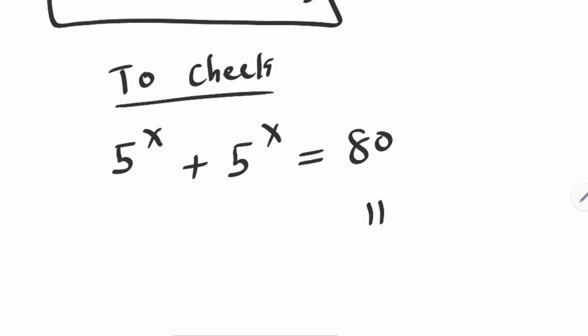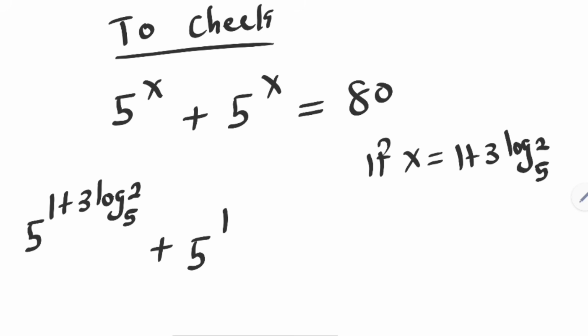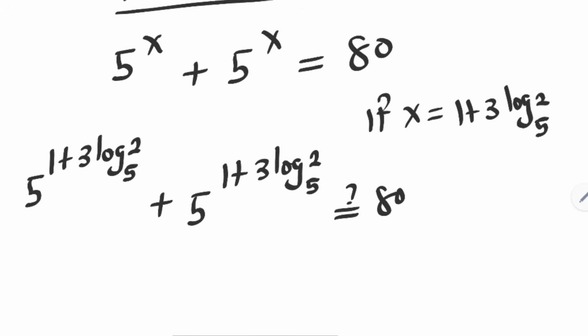Then if x is equal to 1 plus 3 log 2 base 5, this is 5 raised to power 1 plus 3 log 2 base 5 plus 5 raised to power 1 plus 3 log 2 base 5 must be equal to 80.